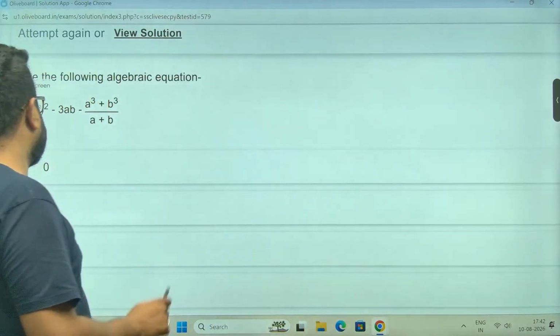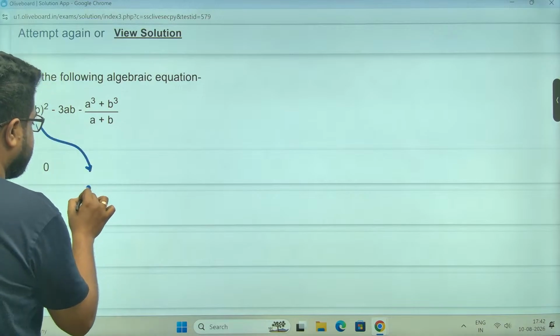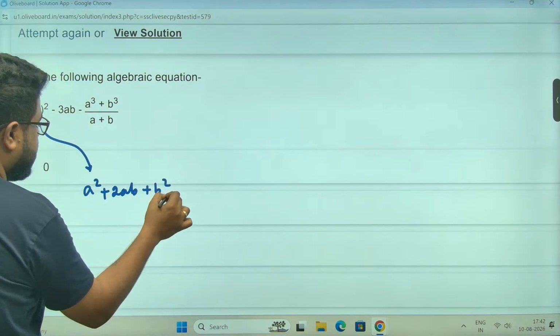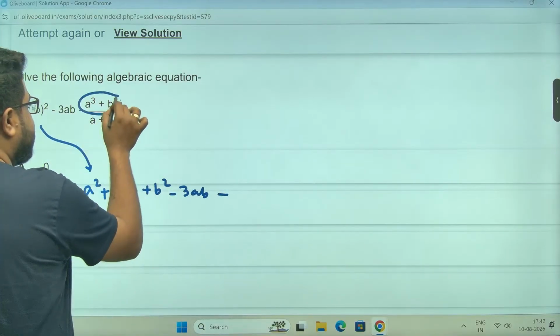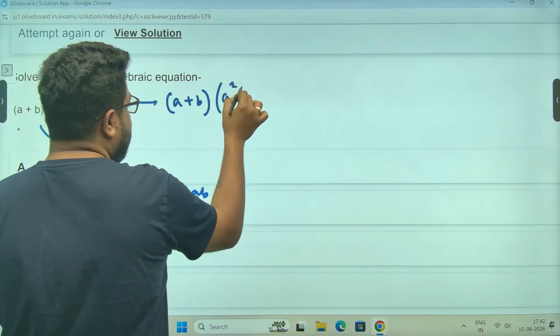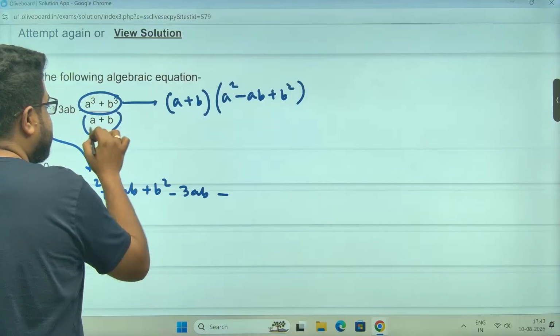Next one, please. They have given us (a plus b) whole square and this. I'm doing it directly. a square plus 2ab plus b square minus 3ab, and minus (a cube plus b cube), meaning (a plus b) into (a square minus ab plus b square). So a plus b will cancel.